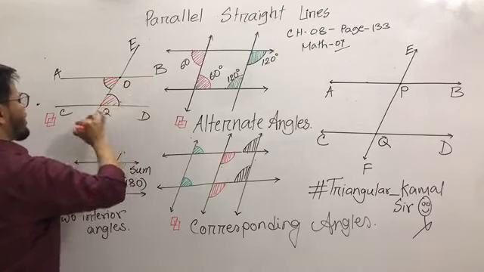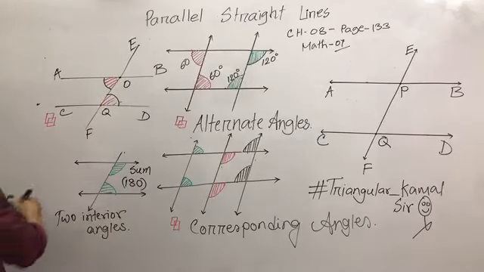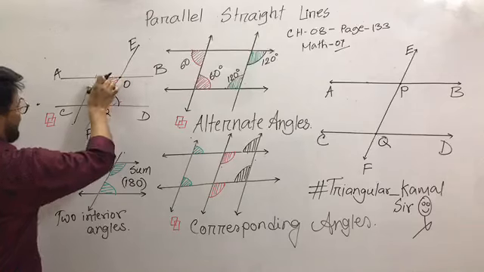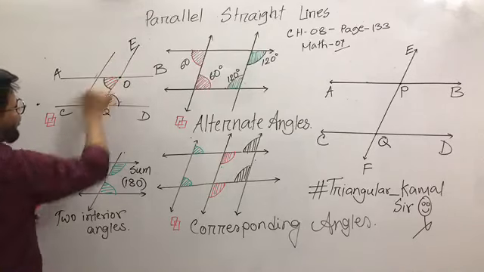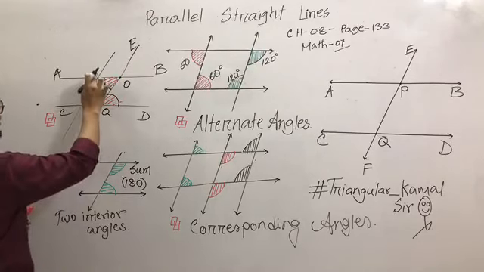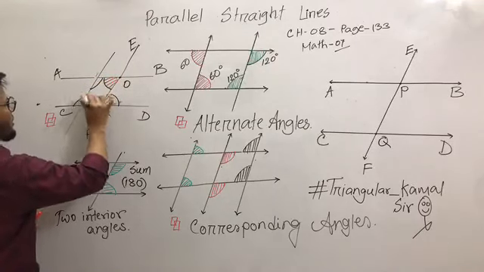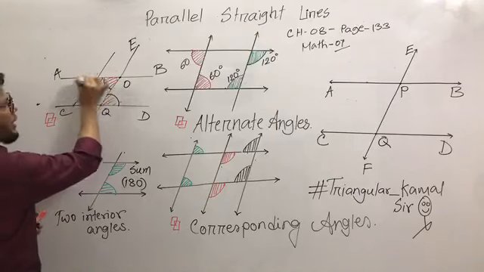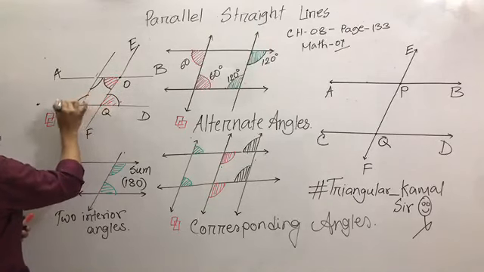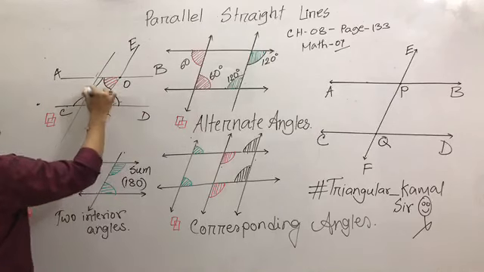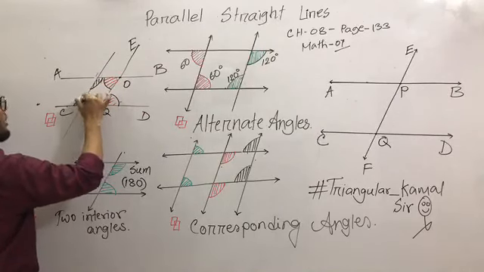If we draw another one, like this angle with this angle: first the transversal with the AB line, then the transversal with the CD line, and they are on two different sides, the right side and left side. They are always alternate angles.